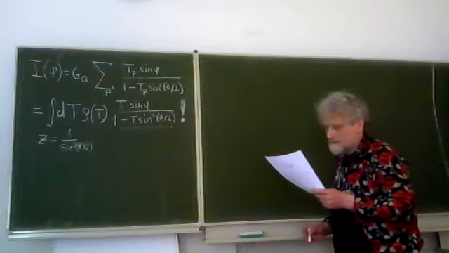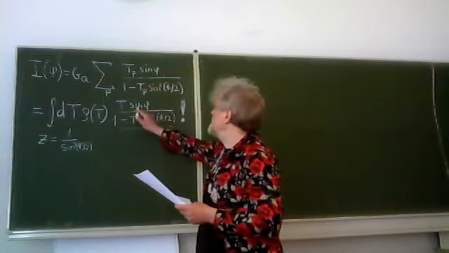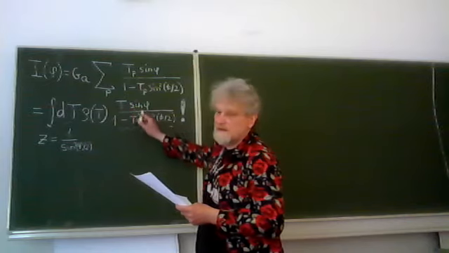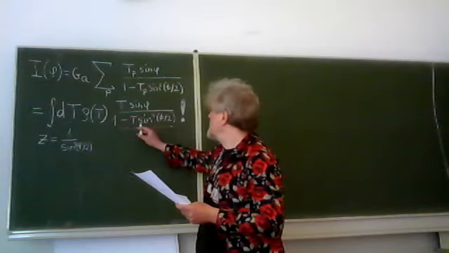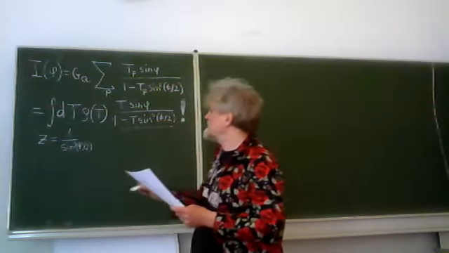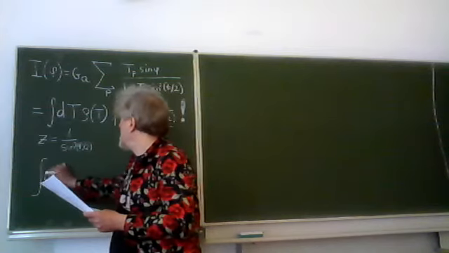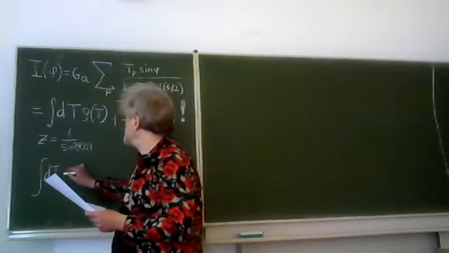So what is useful, we can see that if we divide both numerator and denominator by this sine squared of phi over 2, let me just do it. That all remains.